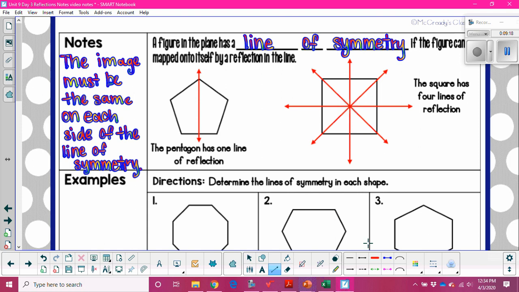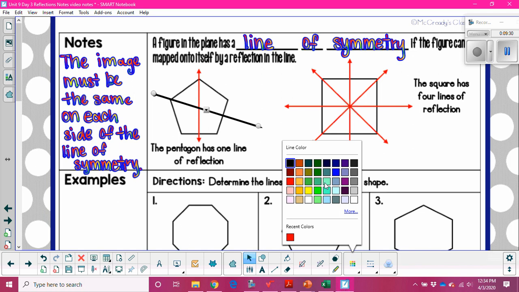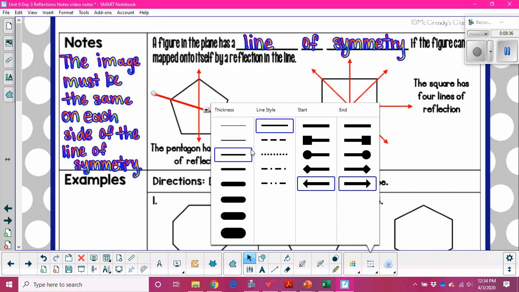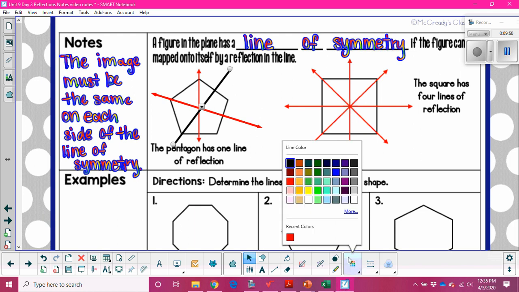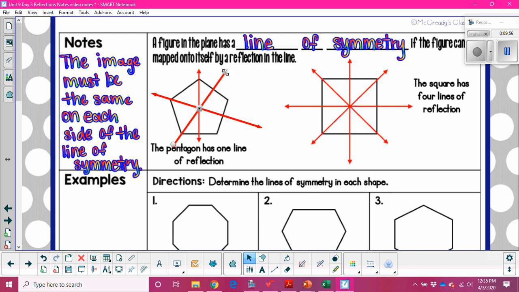Let's look at this. It actually has one here. And let me fix this real quick. Sorry, guys. And it has one here. I'm not getting these perfectly spot on, so I'm so sorry. And it also has one here.